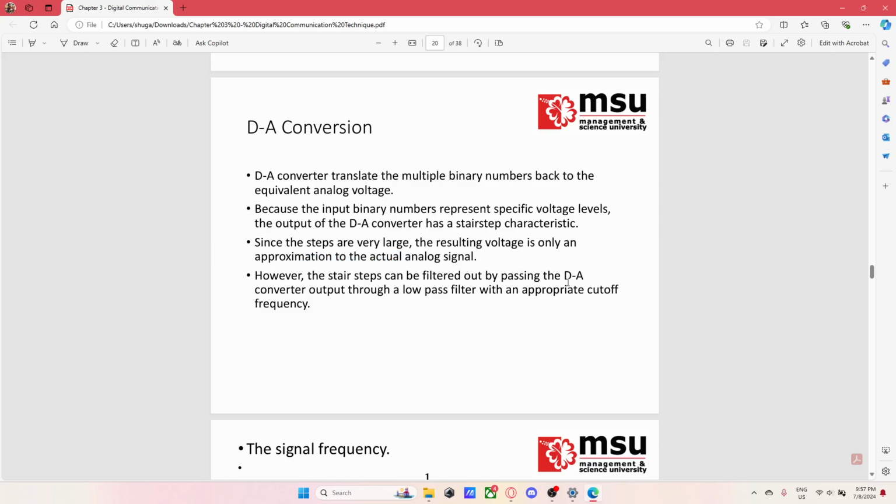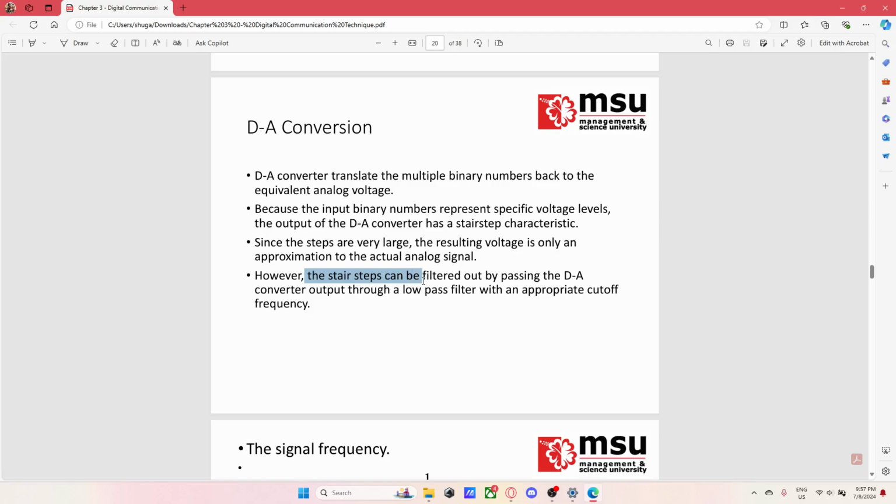So the signal we receive from the transmitter at the receiver would be a little different compared to the original signal, because it is only a prediction or approximation of the original signal that has been changed into digital.